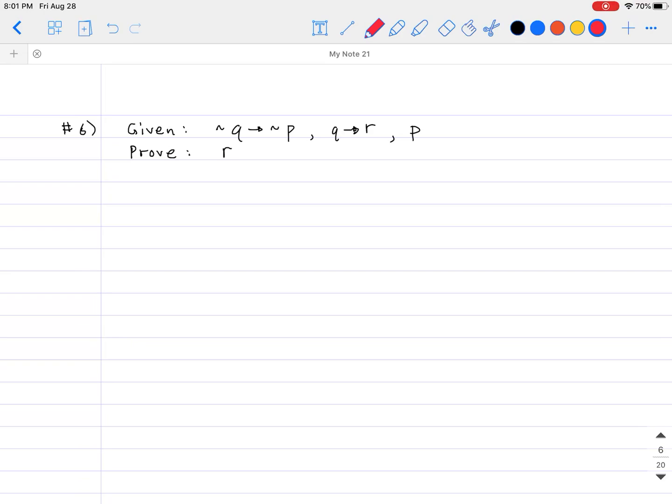In terms of things I can combine together, right? Thinking about kind of like a jigsaw puzzle, what 2 pieces can I put together? I am looking at this guy right here, and I am looking at this guy right here, because you'll notice that they both have P in common. Now, technically, these 2 I can deal with also, but the problem is I don't actually have negation of Q to work off of. Notice what I need to prove, which is R. So then that tells me over here I need Q, but I don't have Q. So then that means we can't really combine those 2 at the moment.